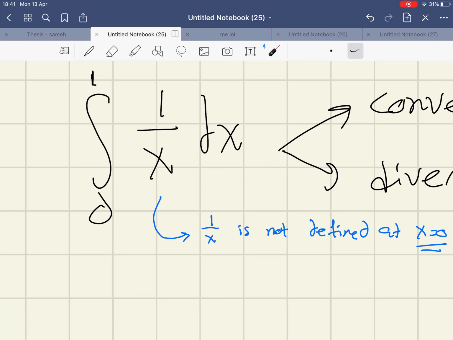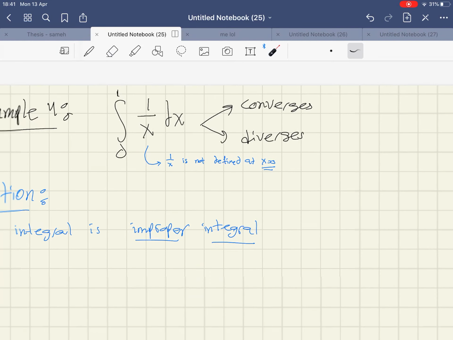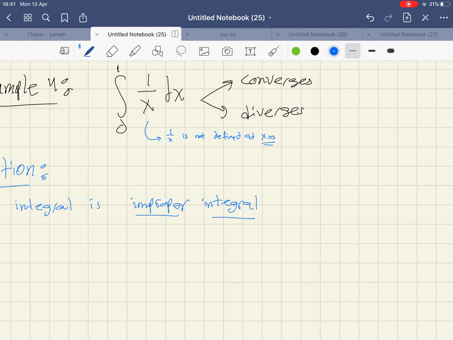Because the function is not defined at 0, and my interval contains the 0. So this is the improper integral of the second type, or type 2, which we call an unbounded function, because we have a problem at one point.